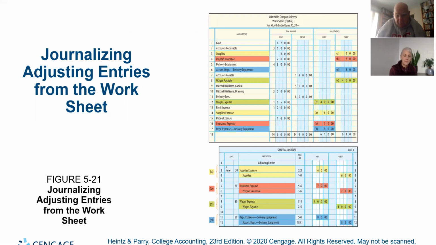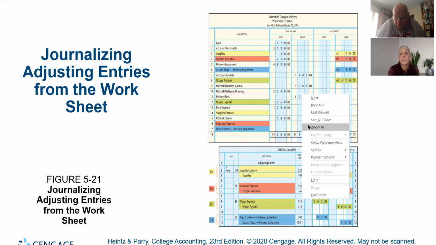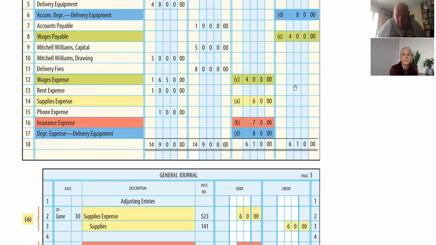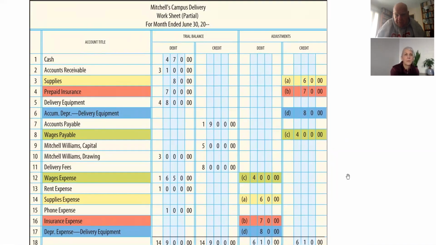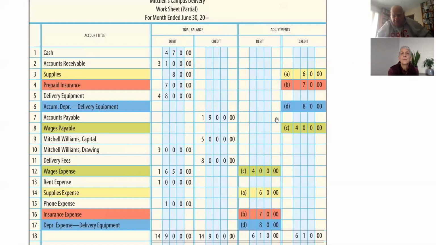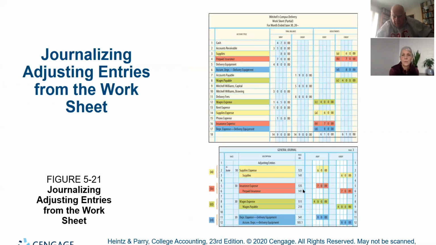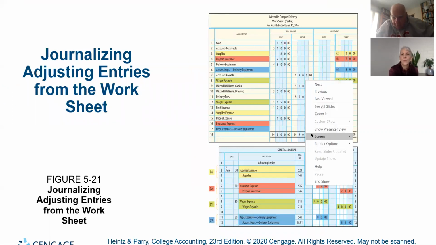So here we go. I'll make it a little bigger. Okay, we're just looking at a part of our worksheet. Here are your adjusting journal entry columns. Once this is complete, we have to take a moment and do the journal entries right here.